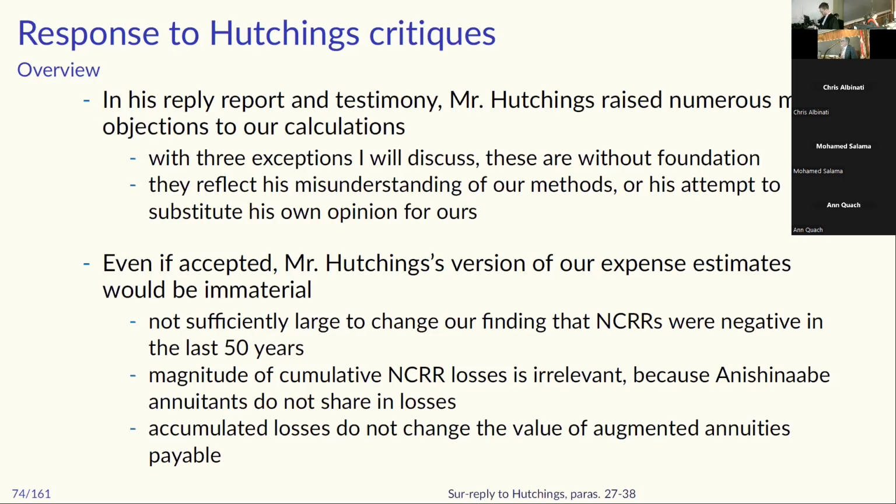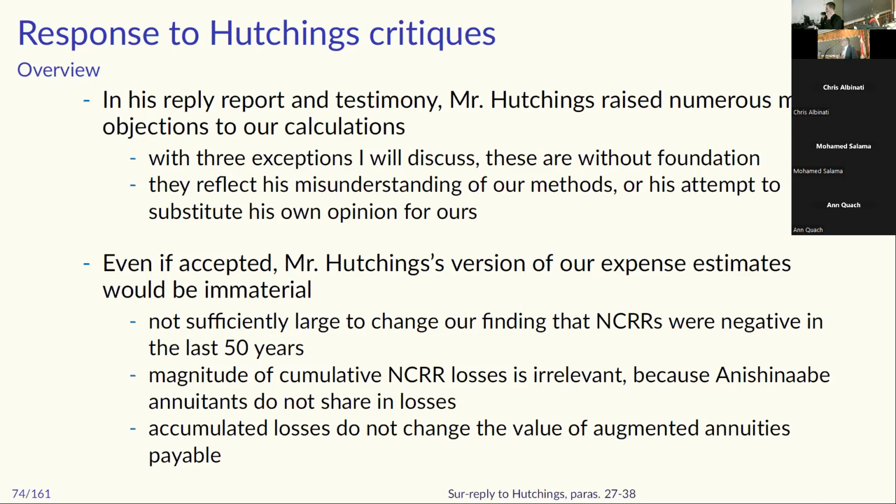Now, to clarify, not every one of his objections apply to only the last few years, for which this point is absolutely true. Some of them refer to earlier years, and I will discuss what the magnitude of the impacts would be in those cases. But this is simply true. Any changes to our NCR accounts in recent years, which raised NCRs, but still left the overall number for those years as being a negative rather than a positive amount, would not change the augmented annuities that we believe should have been paid.